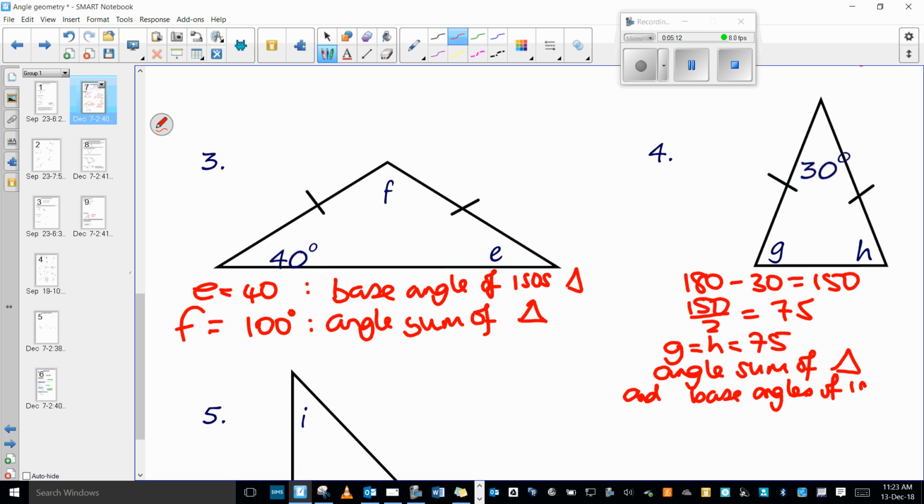So you'd need both of those reasons in there because we've used both of those facts to calculate them. Does that make sense? So sometimes you do need two reasons when you're calculating.